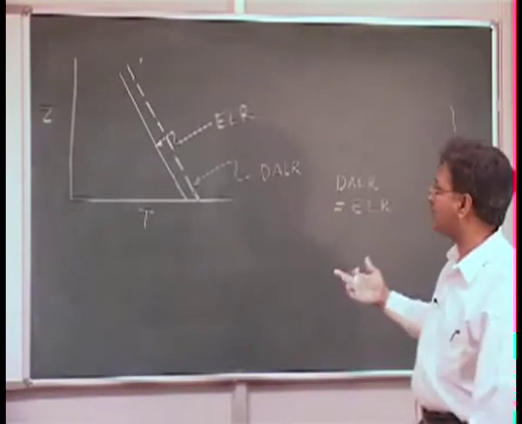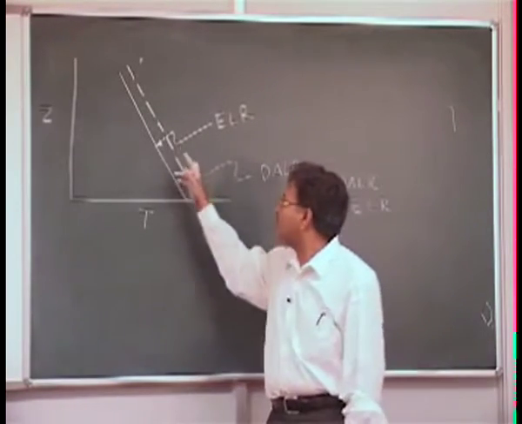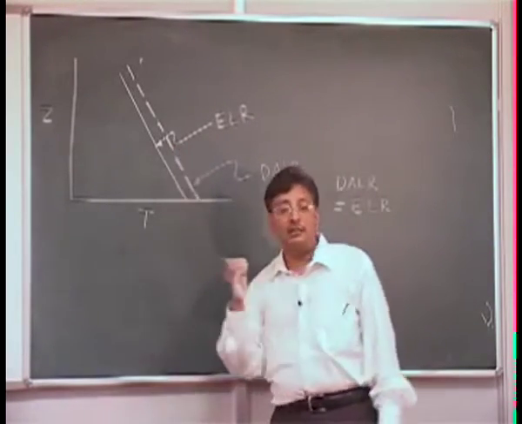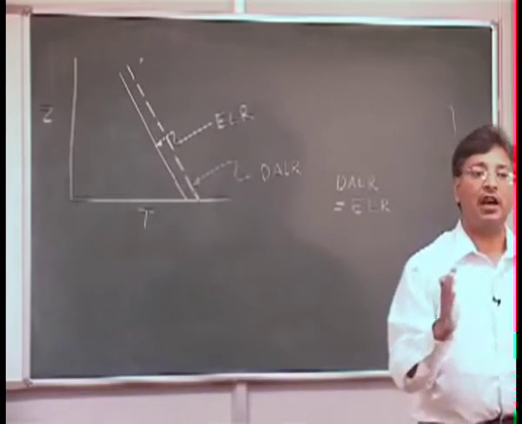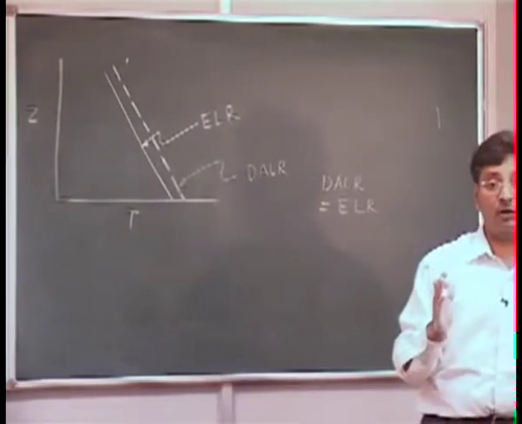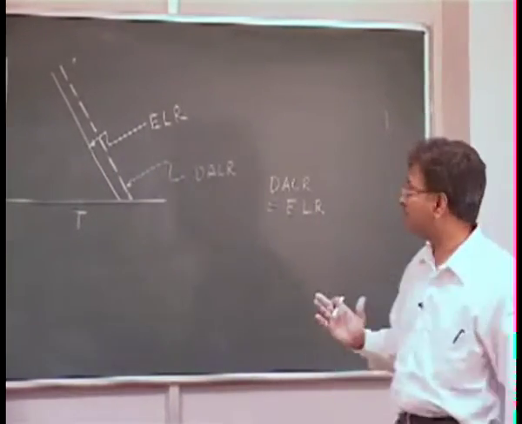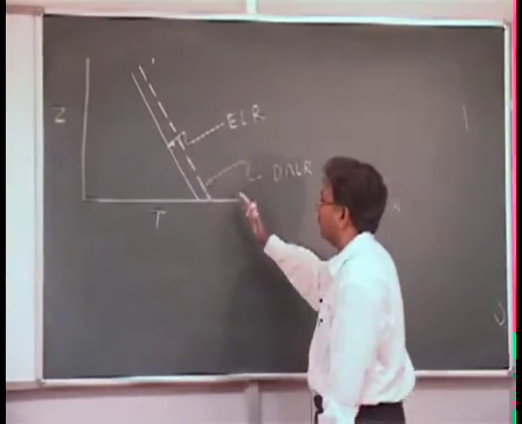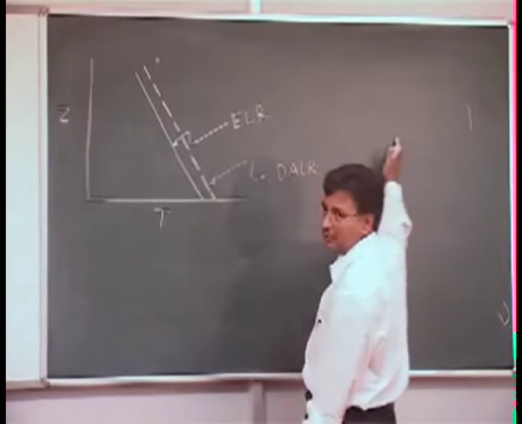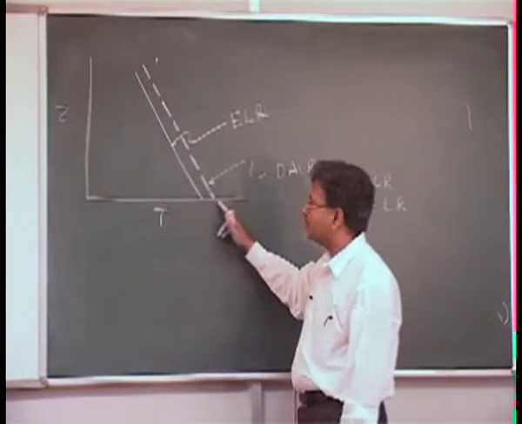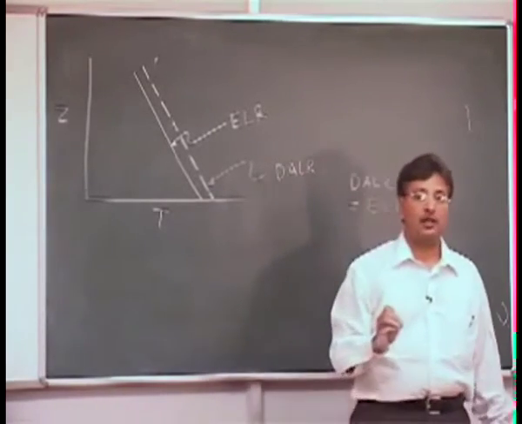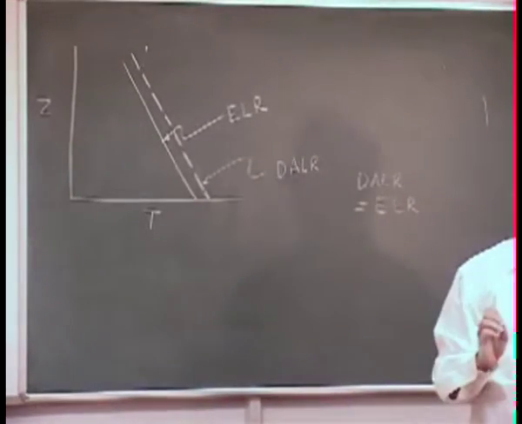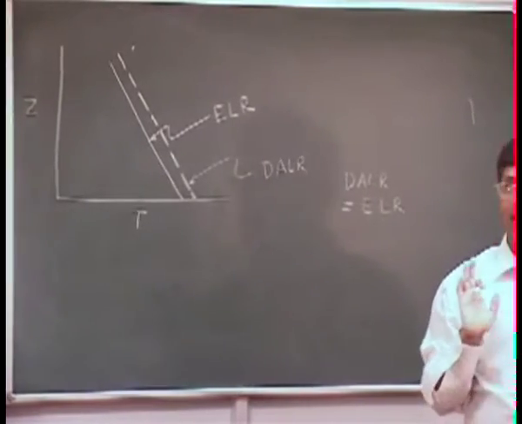It matters if you want to find out the temperature, but this is just our reference. I want to see with respect to the reference how my atmosphere is behaving, what my atmosphere is doing. That's the idea.